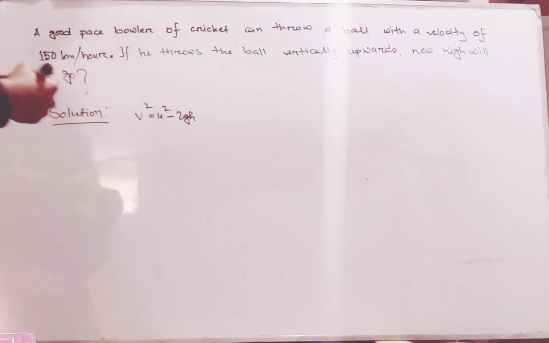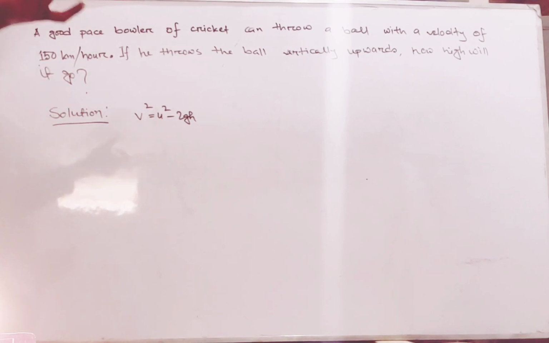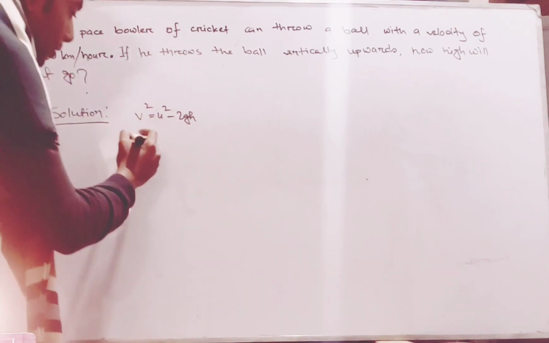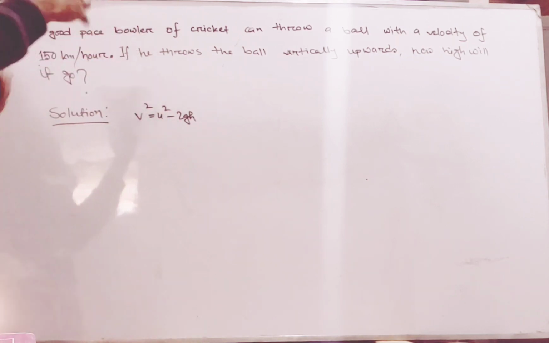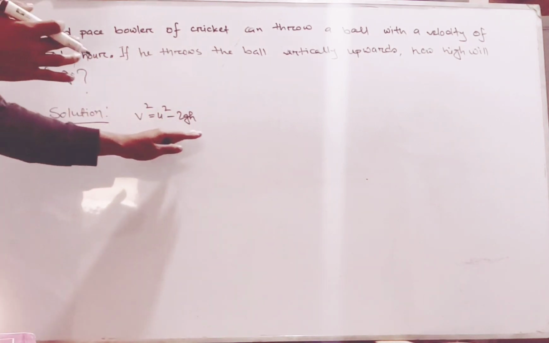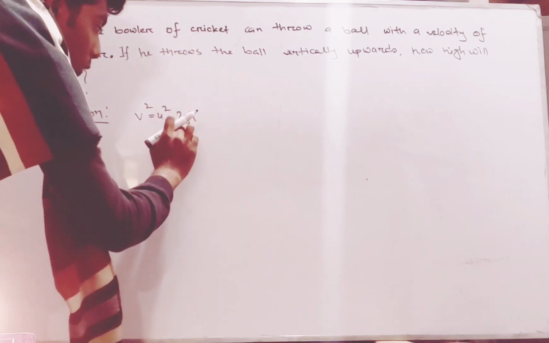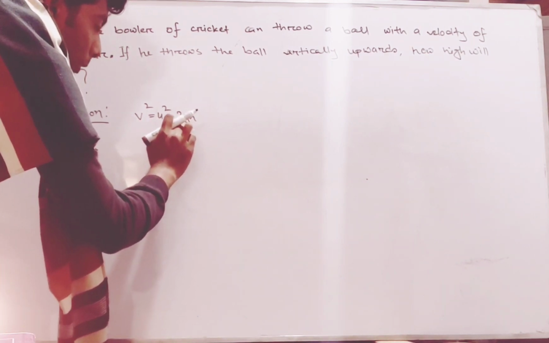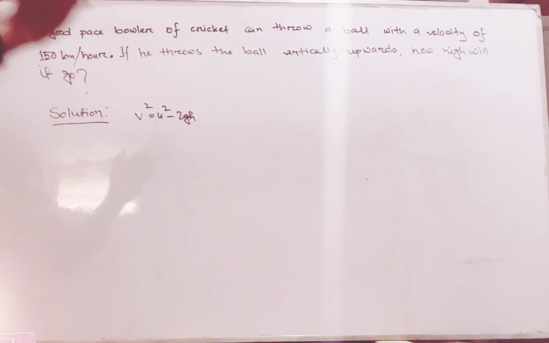We need the quantity of height. What is the value of height? If we want to express this equation in a single formula, we'll have to rearrange it to make h the subject, from 2gh.